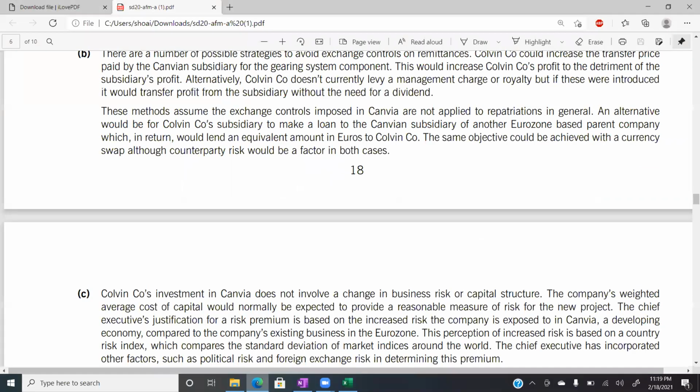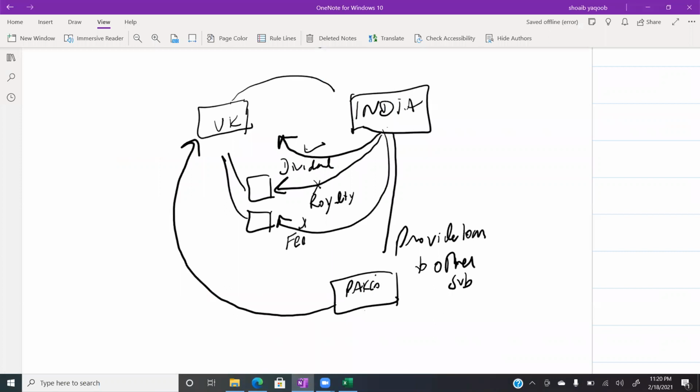Here it is making a loan to. An alternative would be for the Colvin company subsidiary to make a loan to the Colvin subsidiary of another Eurozone based parent company, which in return would lend an equivalent amount in euros to the Colvin company. This will be like this.